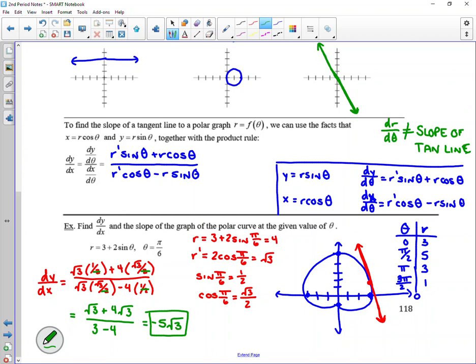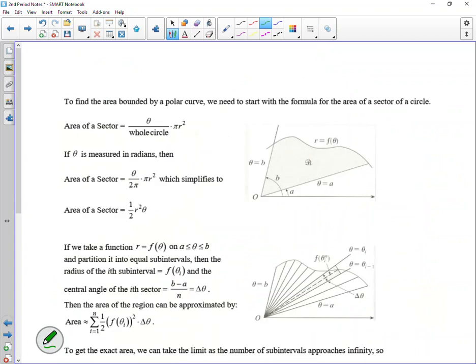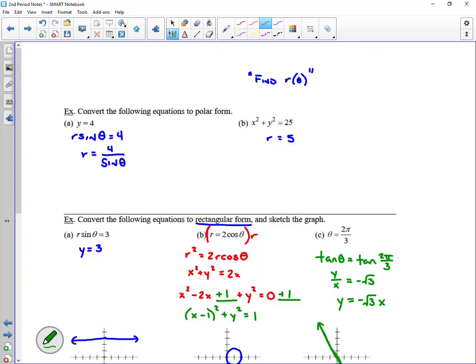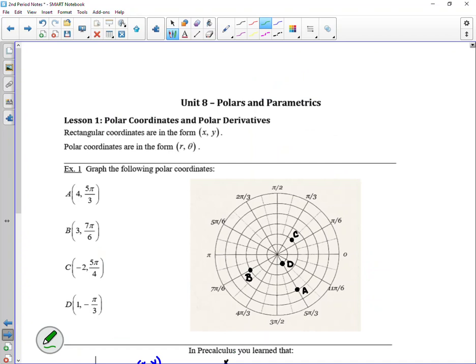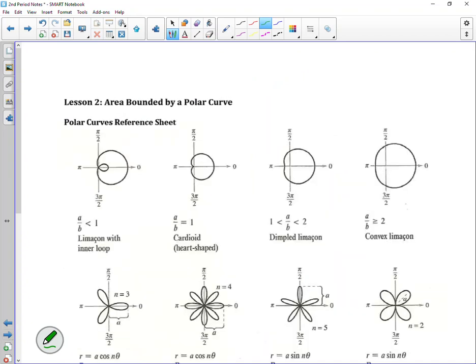All right. What's the next page? Oops. Okay, we're not going to do area yet. Don't want to scare you. But I do want to go over how to graph things. So this is what we're talking about, the limaçons.